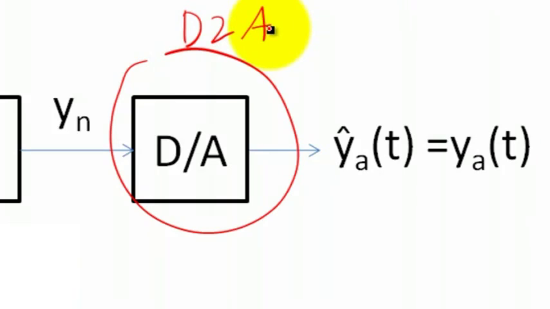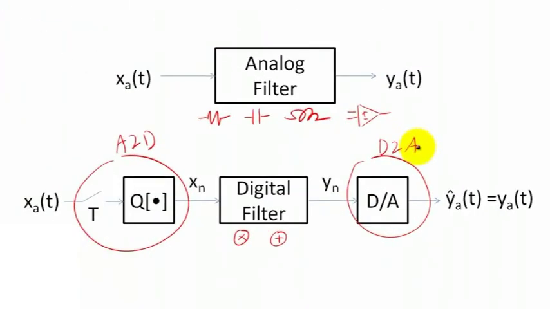We will discuss digital filtering operations by using the low-pass filter example that we used last lecture.